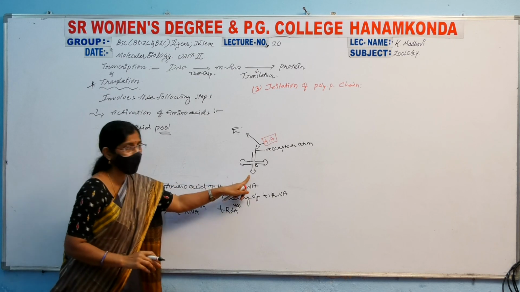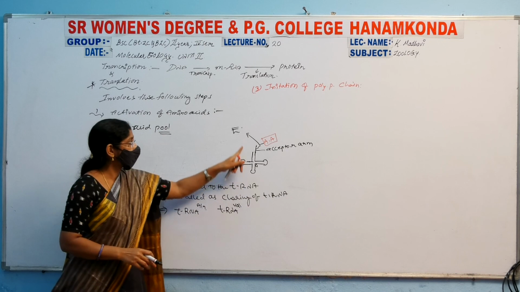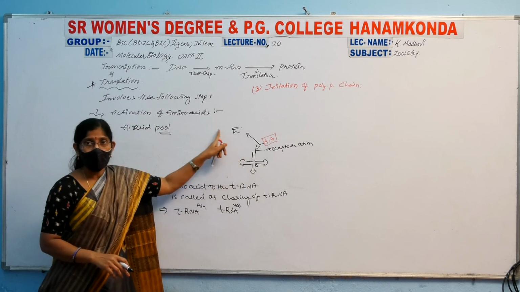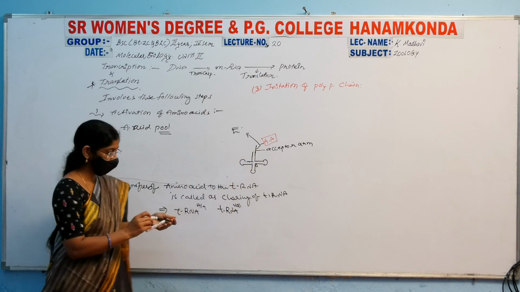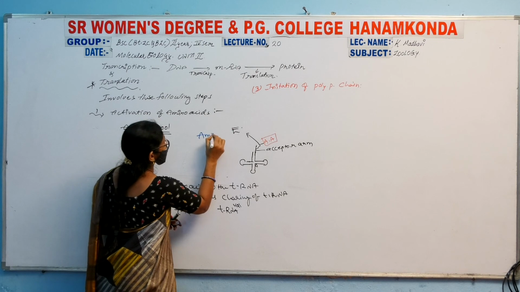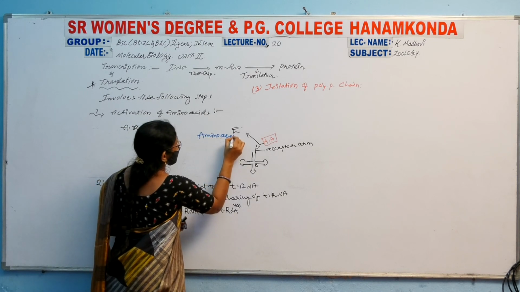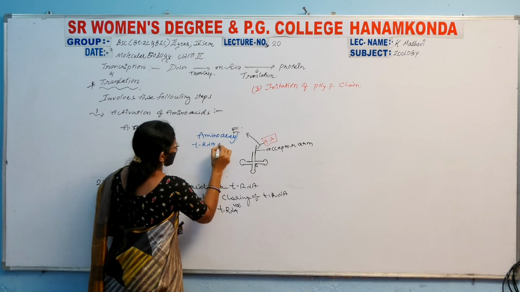Now the tRNA gets activated and charged. The enzyme name is amino acid tRNA synthetase.